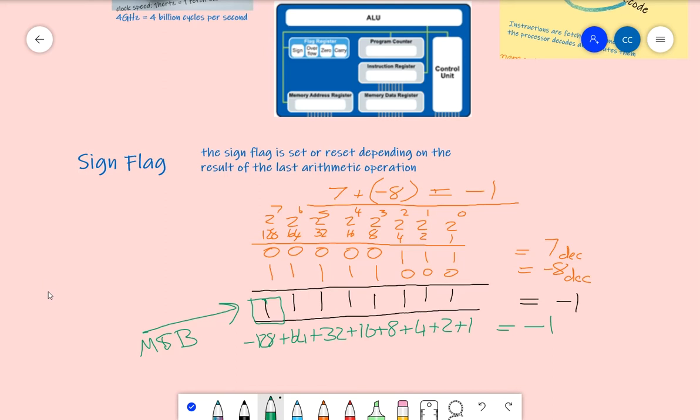So what can we say about this sign flag now for this example?